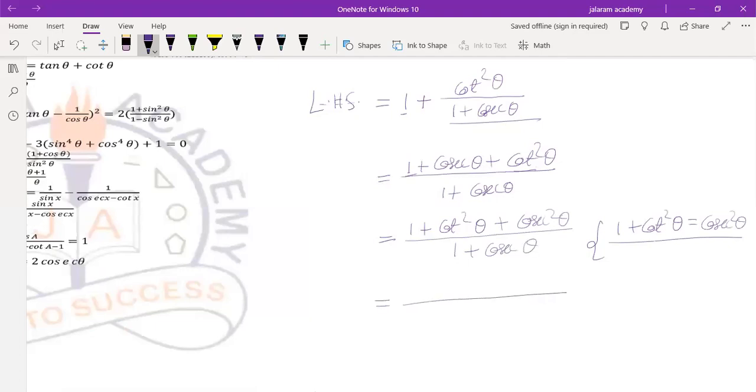Now in the numerator, 1 plus cot square theta becomes cosec square theta, and the second term is cosec theta, written as it is, over 1 plus cosec theta.